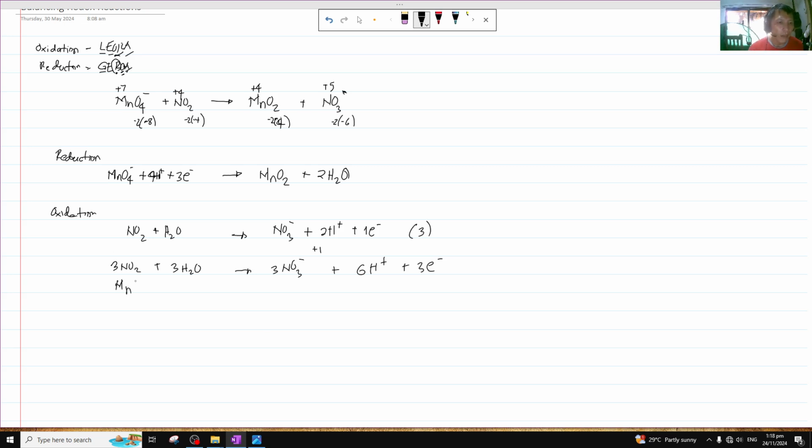Then we write the MnO4 negative plus your 4H plus, then your 3 electrons, and then you would have MnO2, then plus 2H2O, and then plus you would have NO3 negative, and then you would have a 2H plus.